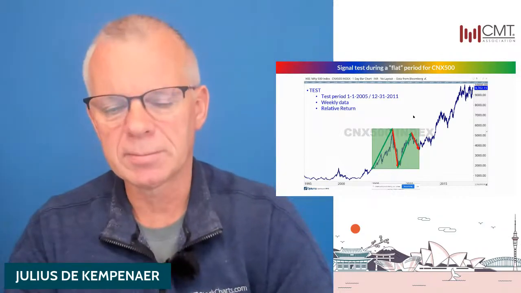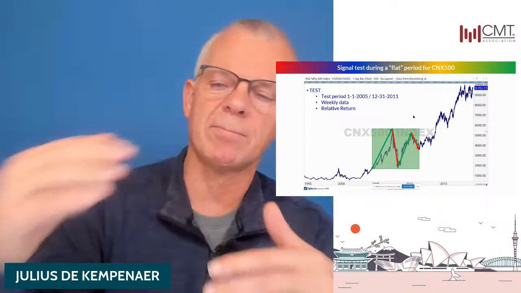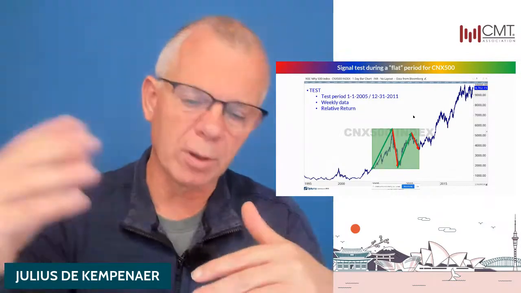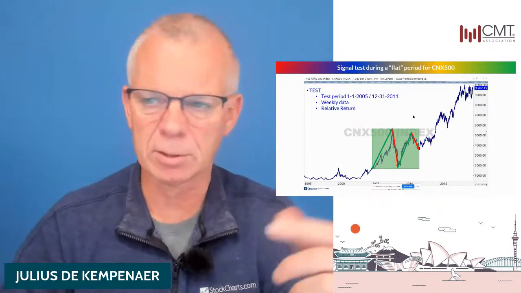And I've done a couple of quick tests. The period that I used is from 2005 to 2011, because that is a flat period. There is pretty much nothing going on. So I wanted to see if my rule set would hold up in both up and down moves. We're using weekly data and we're calculating relative returns.